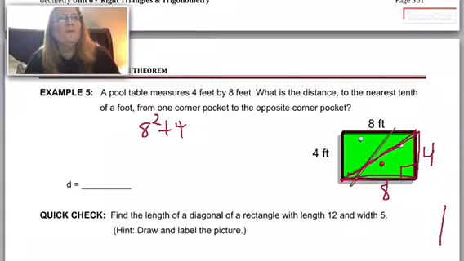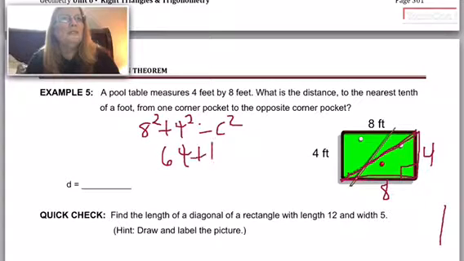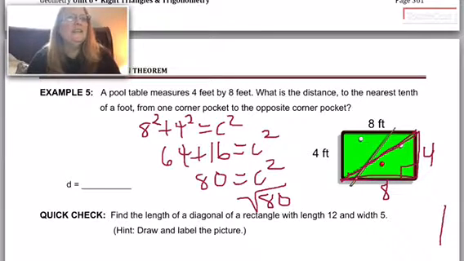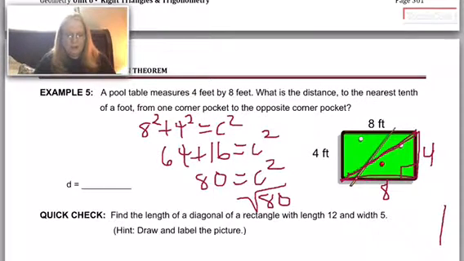So 8 squared plus 4 squared is equal to c squared. 64 plus 16 is equal to c squared. 80 is equal to c squared. So the exact answer is the square root of 80, but they want an approximate answer, so you put that in your calculator, and the square root of 80 is approximately 8.9.